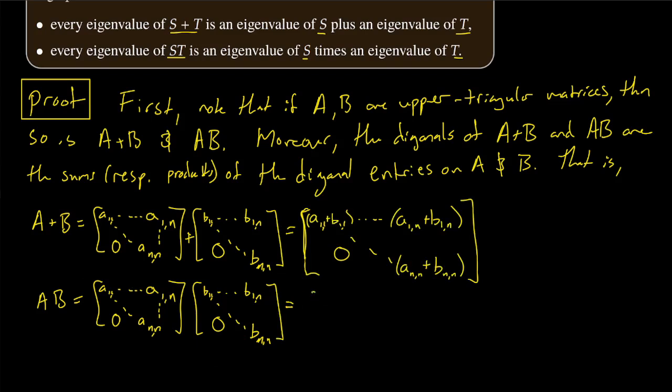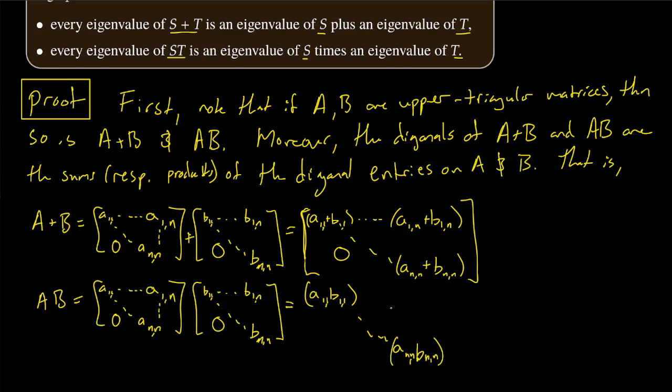I get A_{1,1} times B_{1,1} in the first entry. Everything's 0 below B_{1,1}. And we similarly go down through. By the last one, we're going across, and there's only one non-zero entry here, A_{N,N}. And as I go down, I just pick up that B_{N,N}. So I get A_{N,N} times B_{N,N} in the last entry.